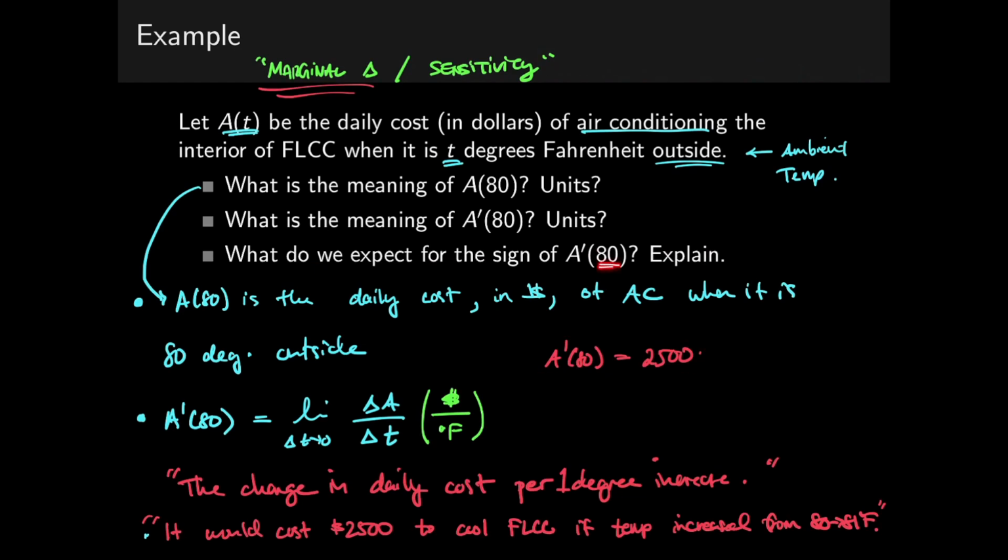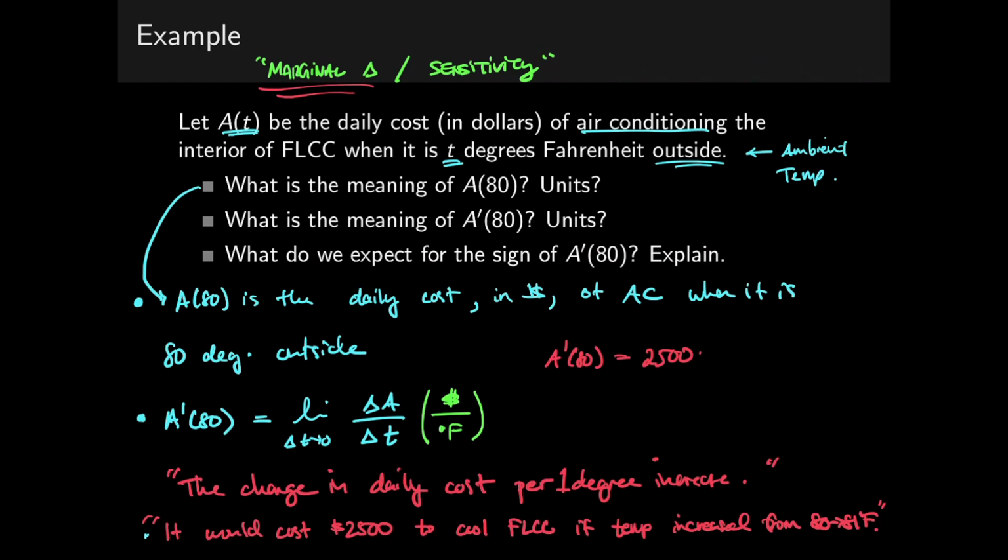If this is the ambient temperature outside, and we know that more cooling costs more money, then if the temperature went from 80 to 81 along our x-axis, we'd expect the cost to go up because we have to cool it down further. So it would make sense that A prime of 80 is greater than 0, because it would cost more to keep it cool if the ambient temperature outside increased, to stop the inside from getting to that ambient temperature.